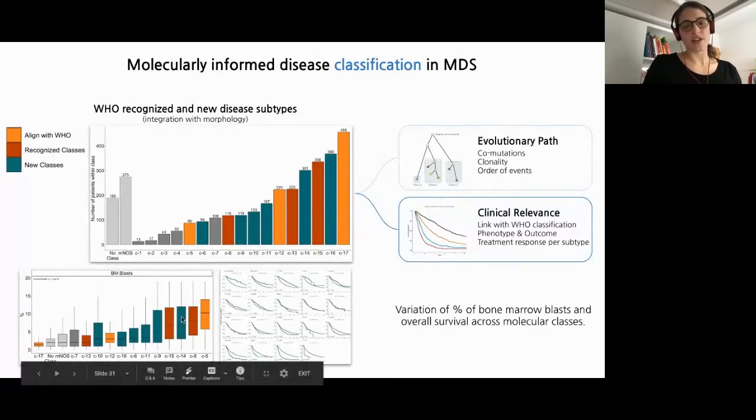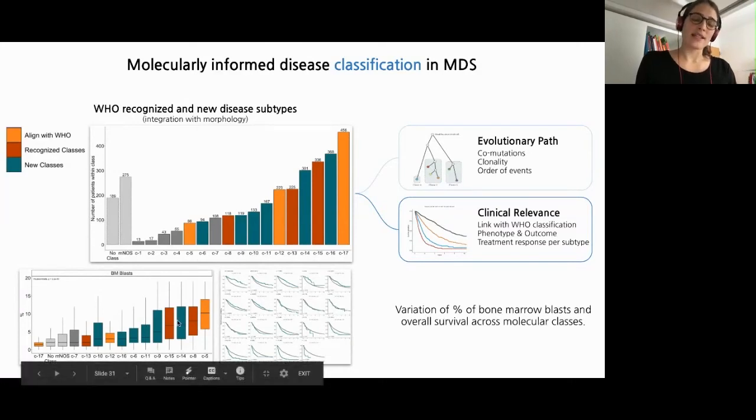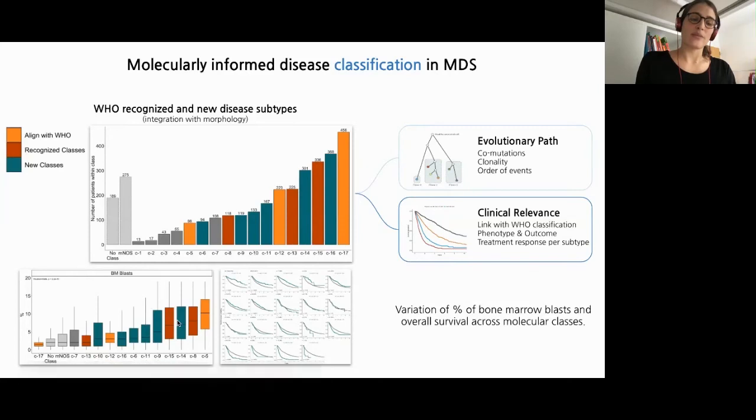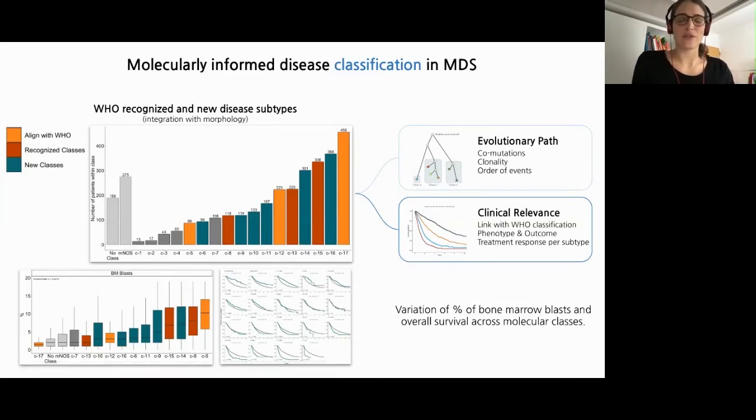And here you see the variation of blasts across the molecular classes, where the lower risk classes have a very low percentage of bone marrow blasts. The bone marrow blasts are those immature cells in the bone marrow, while the higher risk classes have a quite higher median percentage of blasts, with some patients having close to 20% blasts, which is the threshold for diagnosis of acute myeloid leukemia.